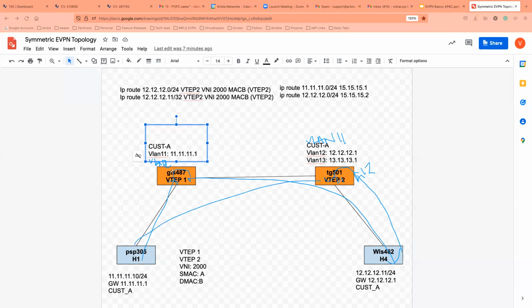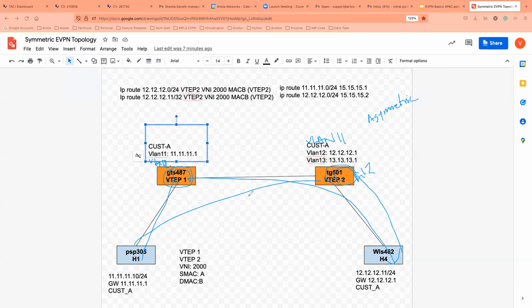What does that mean? Your routing for the forward path happens on one VTAP, and for the reverse path it happens on another VTAP. That's why it is called asymmetric routing, right? Routing is not on the same device every time. So that's why it is called asymmetric routing.